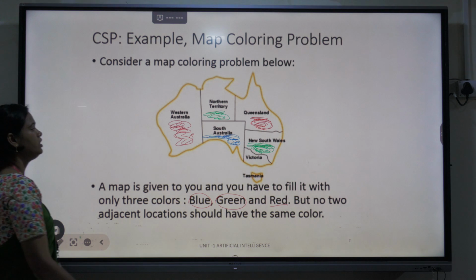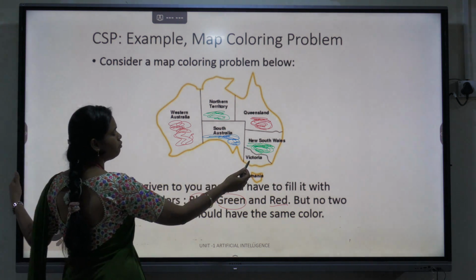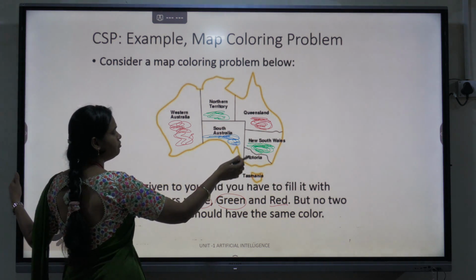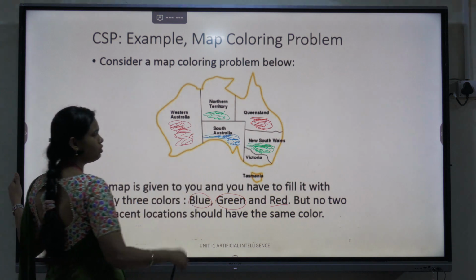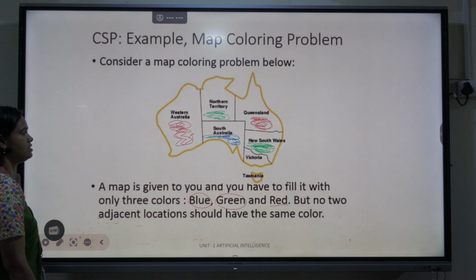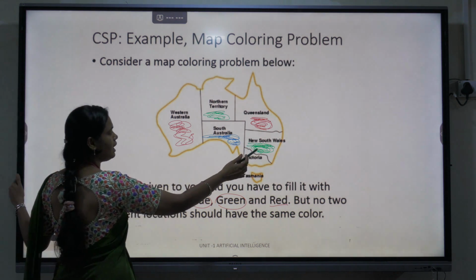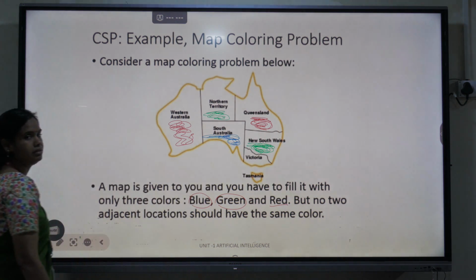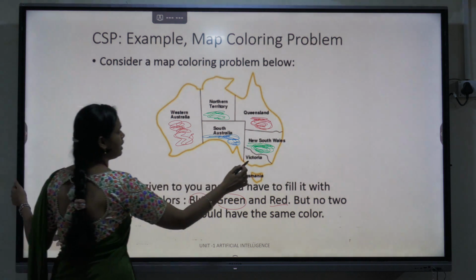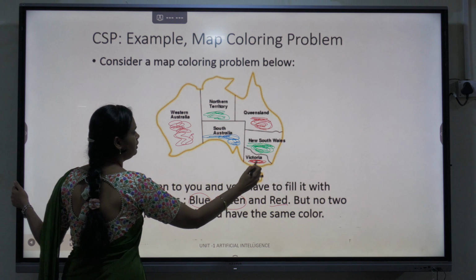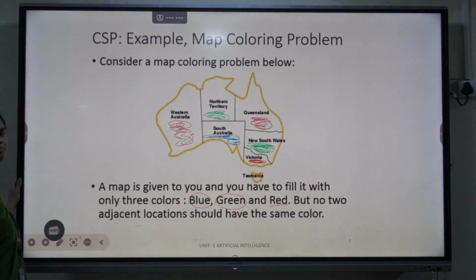Now coming to Victoria. Which color can be filled? Victoria is adjacent to New South Wales and South Australia, which already have green and blue. So the only possibility is the remaining color, red. I can fill Victoria with red.